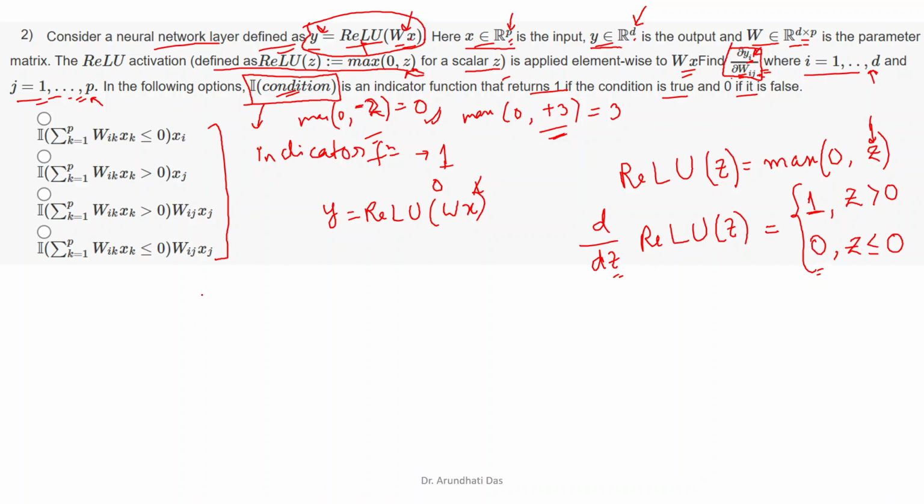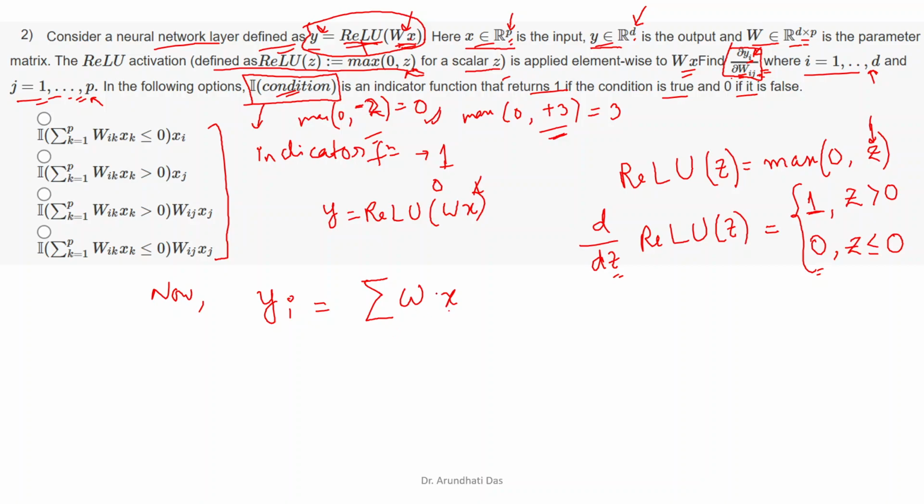Now we have to find yi. This particular yi is what we get if I apply the ReLU function on the Wx matrix. This Wx is actually the summation of all the weighted values of x.